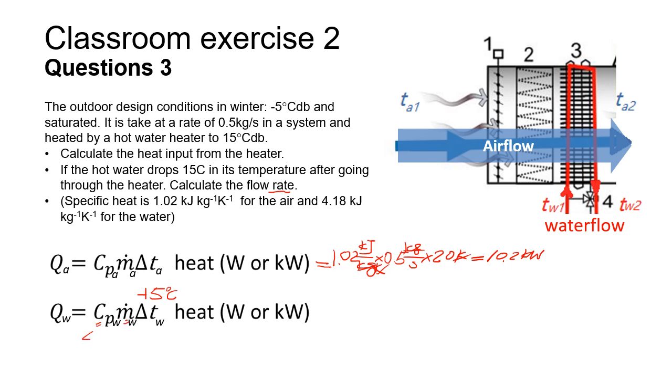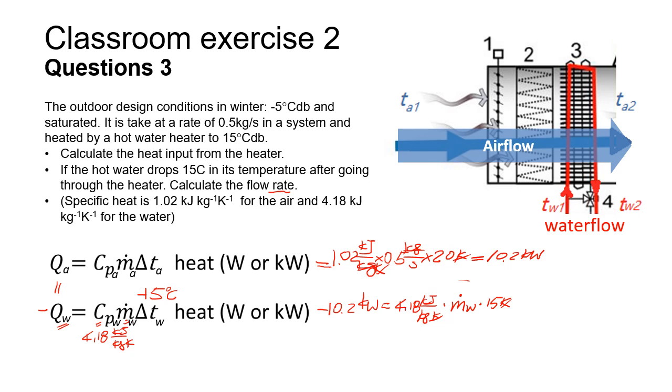We know the Cp is 4.18 kilojoule per kilogram per K, and then we know the heat, that equals minus 10.2 kilowatt equals Cp 4.18 kilojoule per kilogram per K, times the mass flow rate of water, to be calculated, and then 15 K.